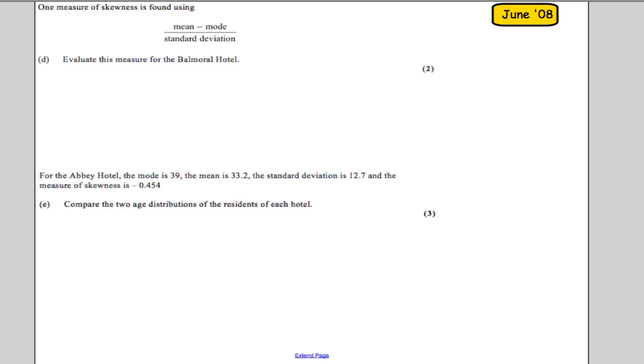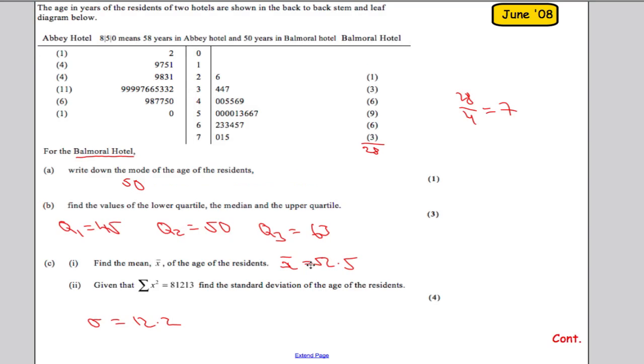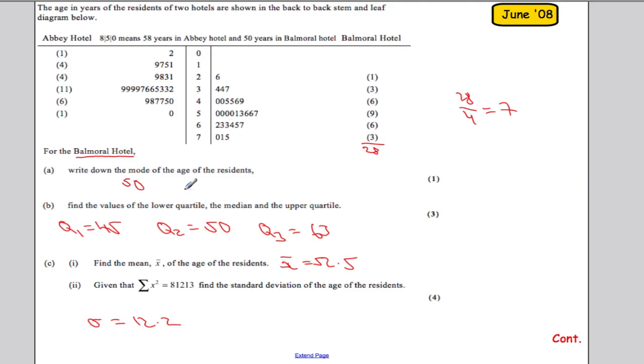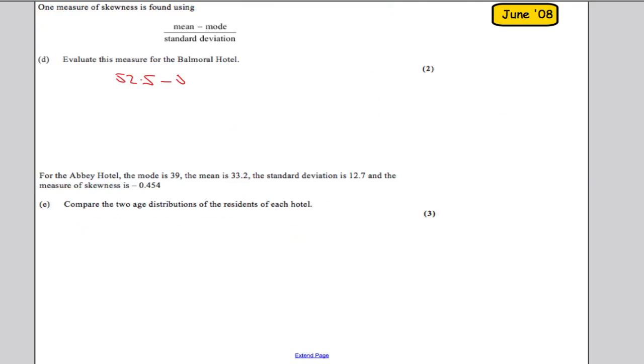Okay, moving on to the next part. One measure of skewness is found by doing the mean minus the mode over the standard deviation. Evaluate this measure for the Balmoral Hotel. Well, the mean is 52.5, so we need to do 52.5 minus the mode, which is 50 if I remember correctly. Yes, the mode is 50. Divided by the standard deviation, which we worked out to be 12.2.